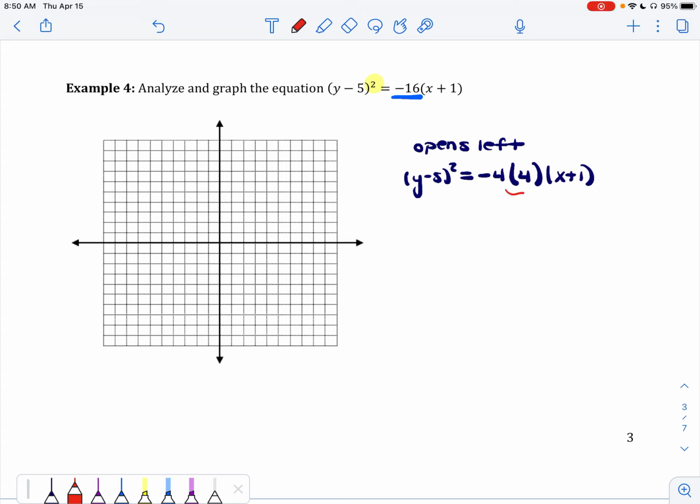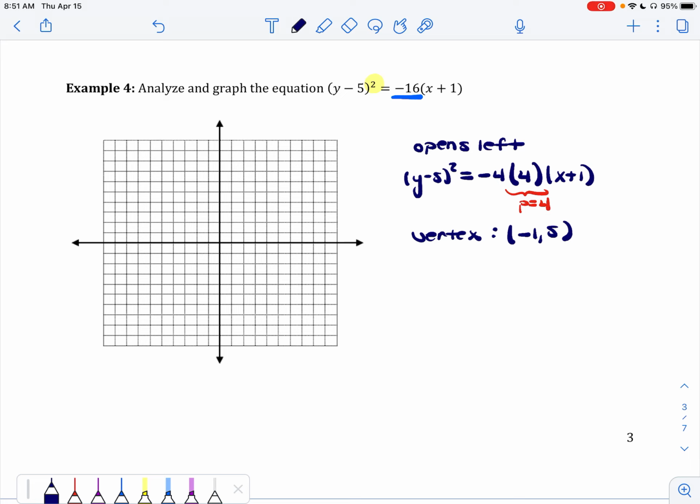So that tells us that our p-value is equal to 4. Okay. All right, the vertex comes from the h and k. So we have an x plus 1, and we have a y minus 5. So the opposites of our factors, the vertex will be at -1, 5.